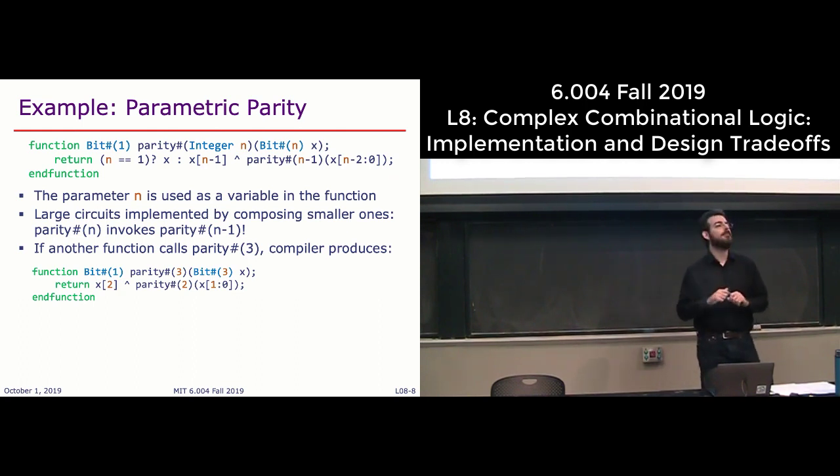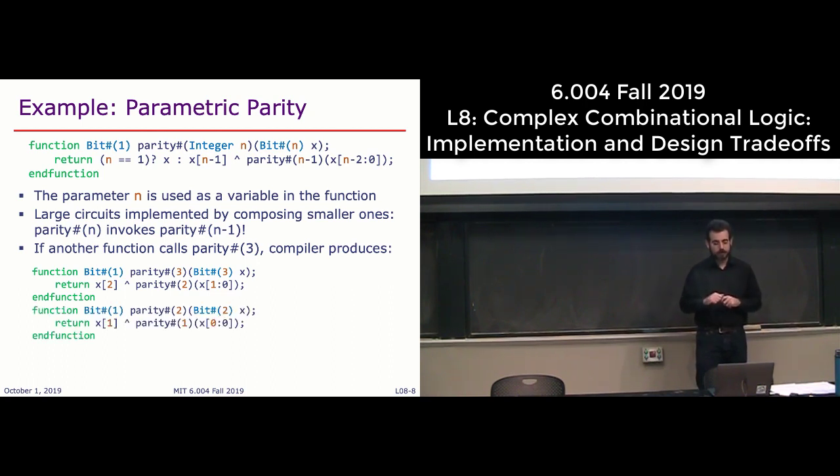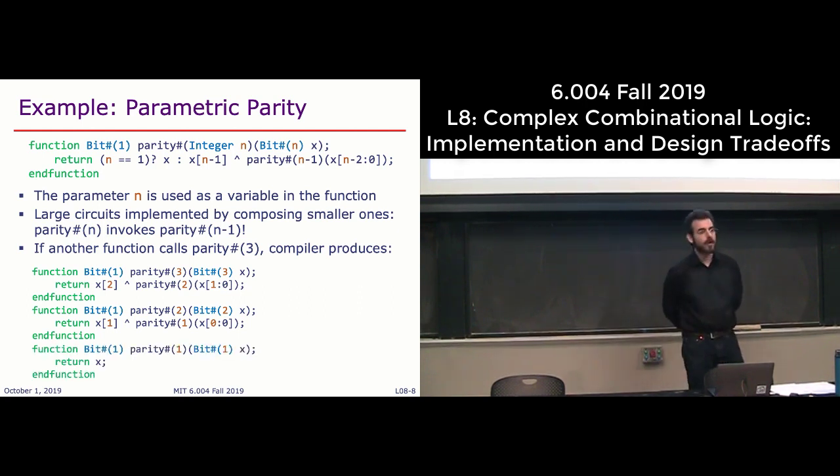This you can build hardware for. But then the compiler will take a look and say, oh, that function actually wants parity of 2. Let me generate that. So n is 2, which is larger than 1, so it will go to this branch and generate just that. And it will say, well, this function uses parity of 1.